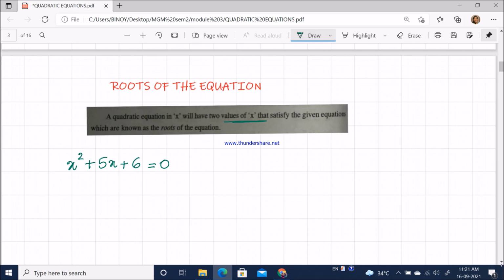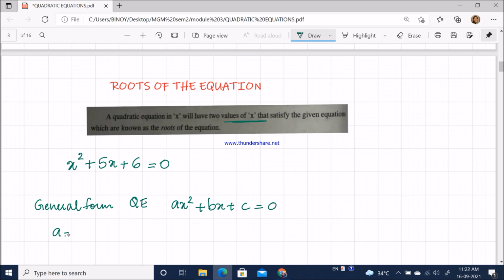So we'll be writing in the form of a general form of quadratic equation, which is ax square plus bx plus c equals 0.